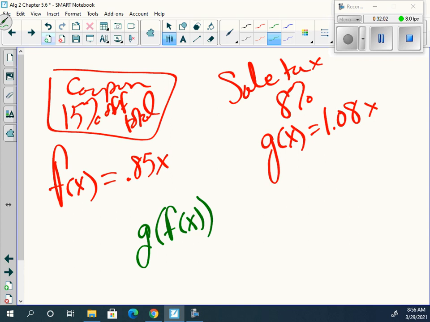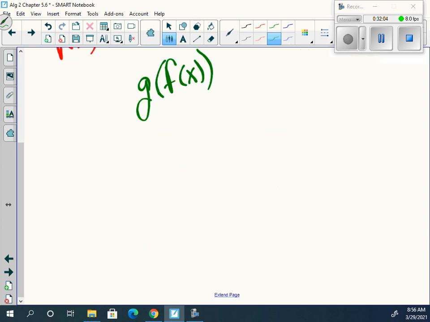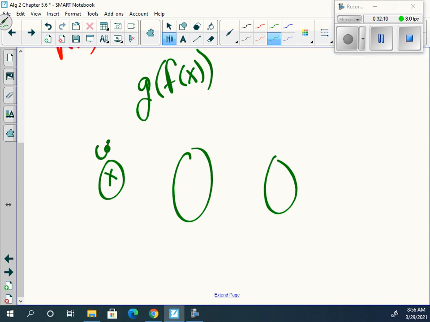Based off the diagram we started with, with these three circles, this here would be our total cost, then I would get the cost with the discount, and then we would take that value, because this is our f, and add sales tax to it with g.